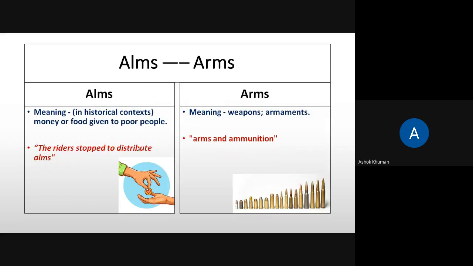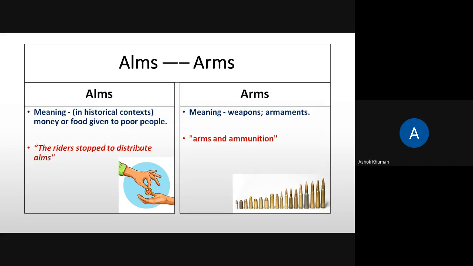Then we have arms, a very good example. In alms, L is silent, and in arms, R is silent, but they are both pronounced in the same way. So the first one, on the left, is alms, meaning money or food given to poor people. It is called alms, ALMS. You can see the pictures.